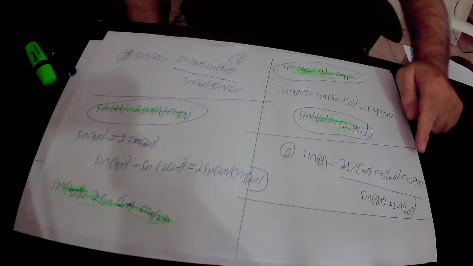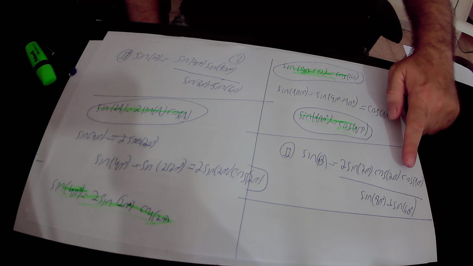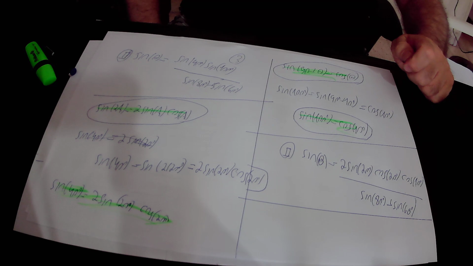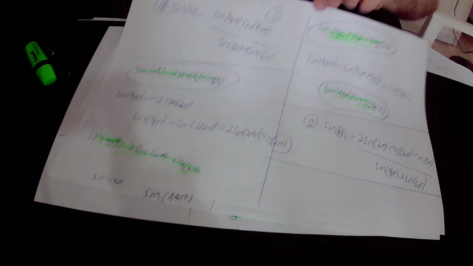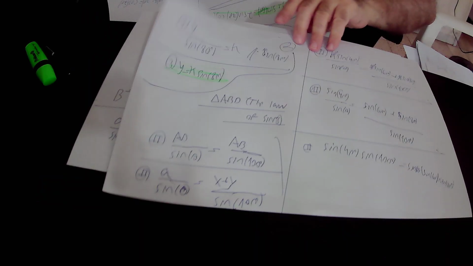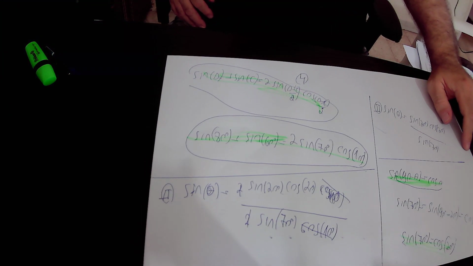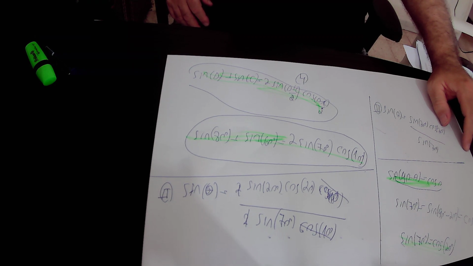Okay? And we have to divide all by sin 80 degrees plus sin 60 degrees. Then I presented to you the trigonometric identity that says sin d plus sin c equals 2 times sin ((d plus c) over 2) times cos ((d minus c) over 2).